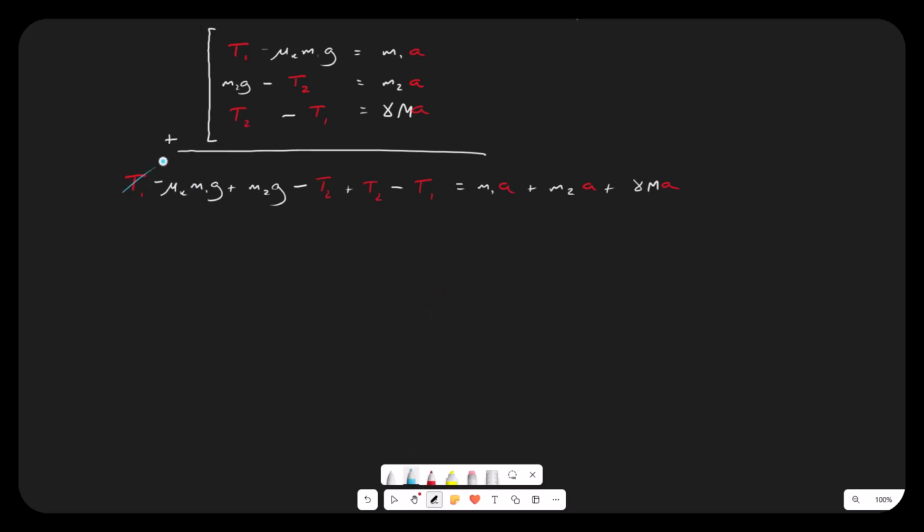I'm going to factor that a out. So what I get here, I'm going to pull this term first, m2 g minus mu_k m1 g, and the right side m1 plus m2 plus gamma m times a. I'm solving for my acceleration.